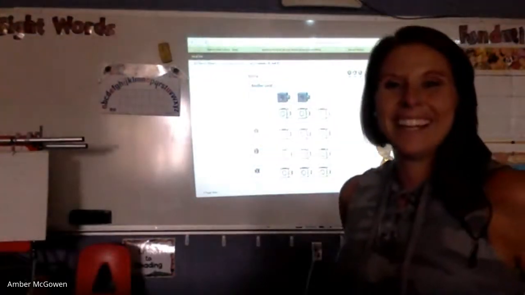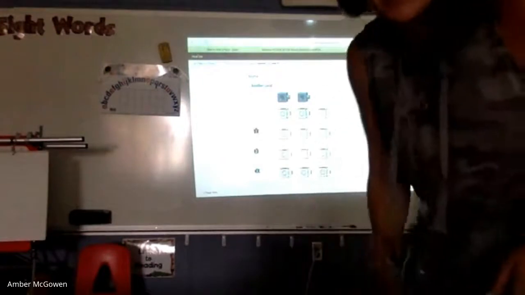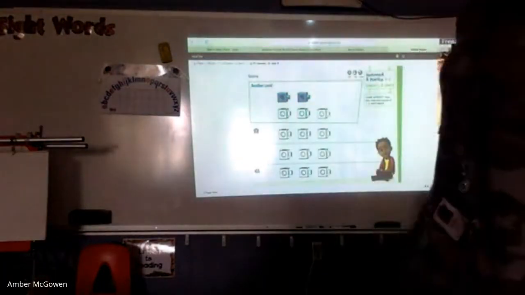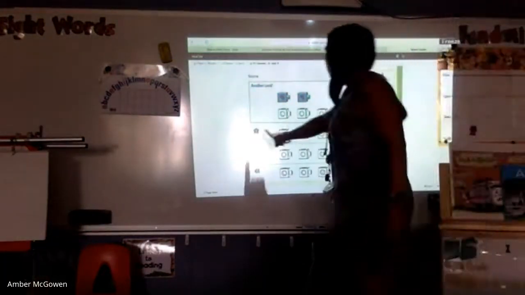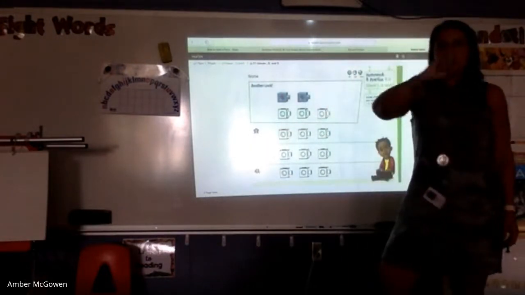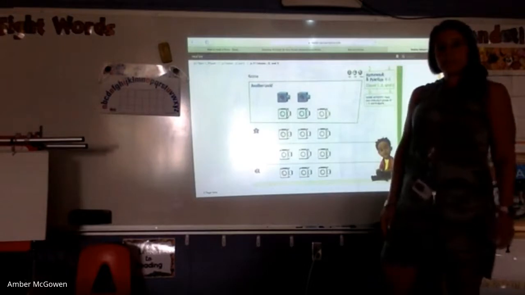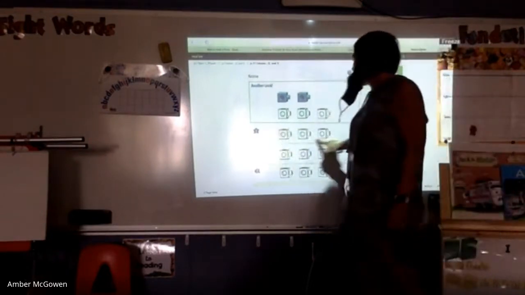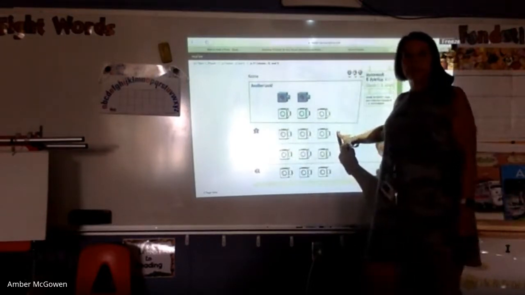So Bryson has cubes that look just like ours. Okay, so for number 1, I want you to show me 1 cube. So how would you show 1 cube with these? How many would you color in? 1.